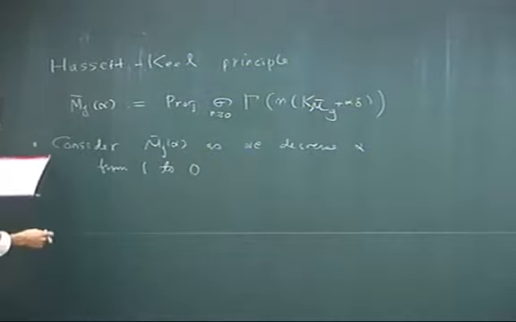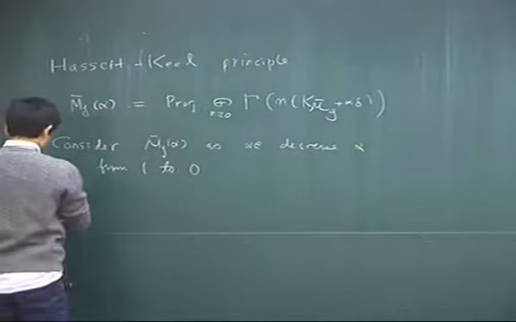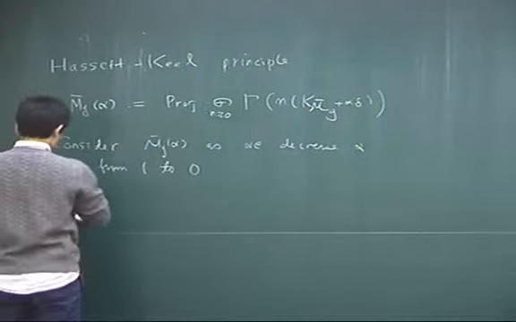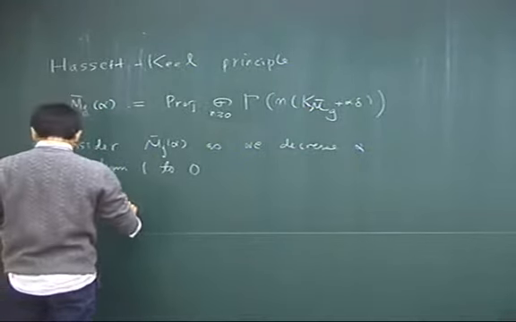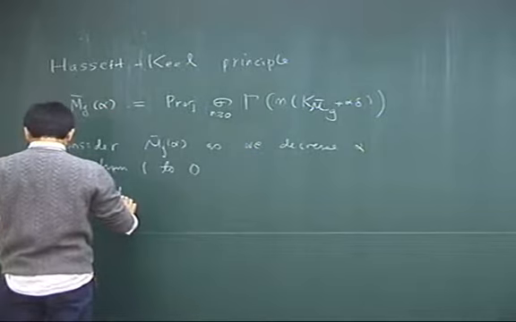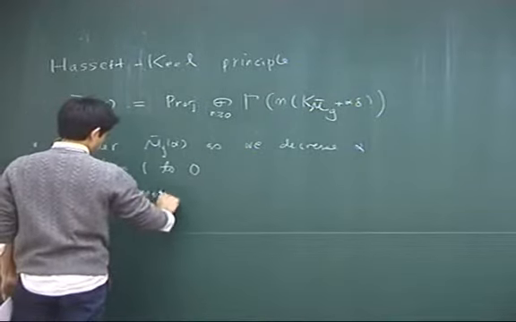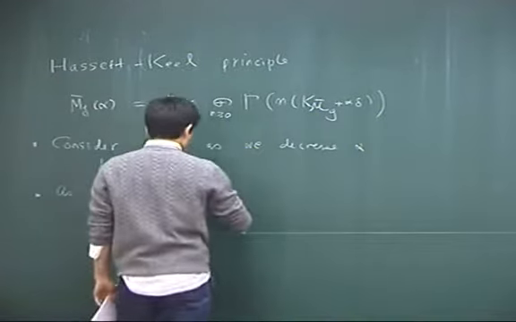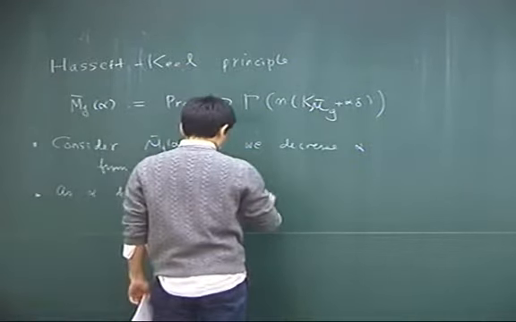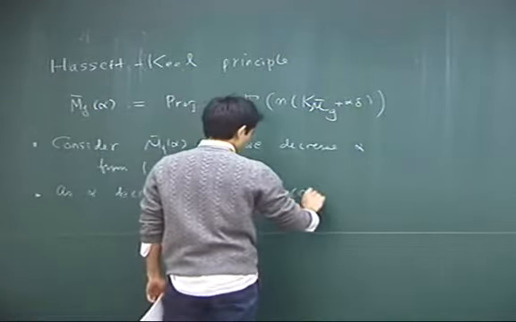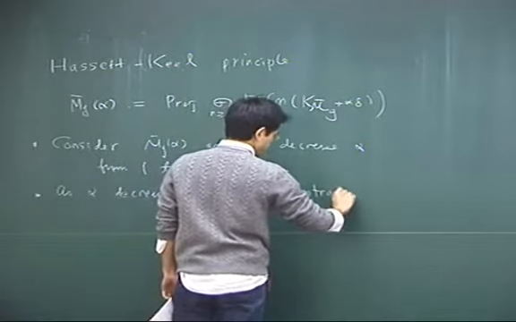And the principle says that as alpha decreases, these delta i's get contracted one by one in an orderly manner.